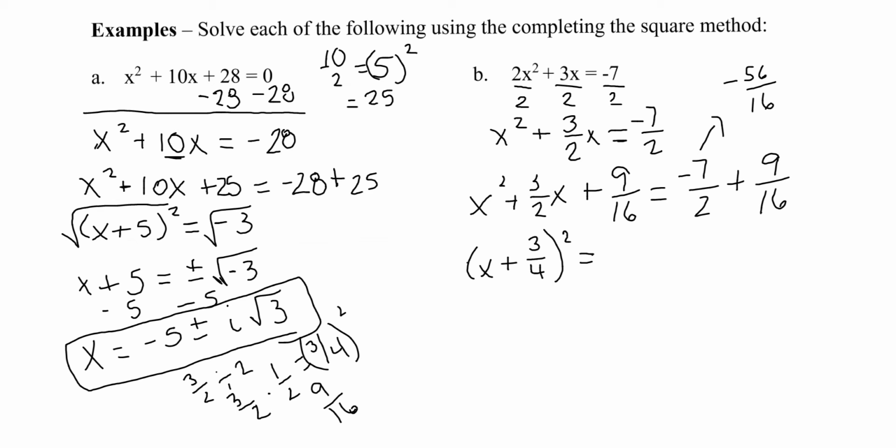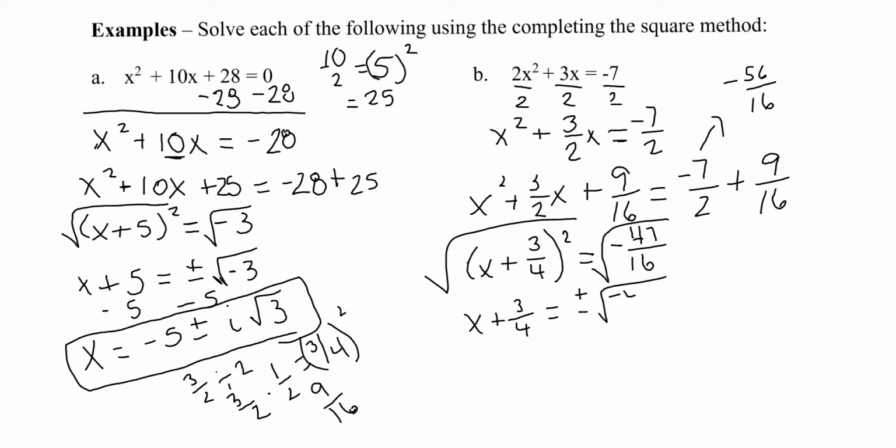Negative 56/16 plus 9/16 will give me negative 47 over 16. And then we take the square root of both sides. So I get x plus 3/4 is equal to the positive and negative square root of negative 47/16.